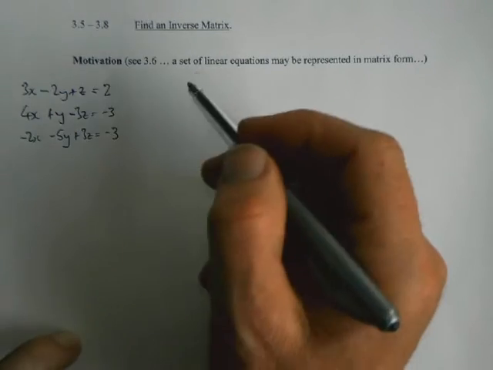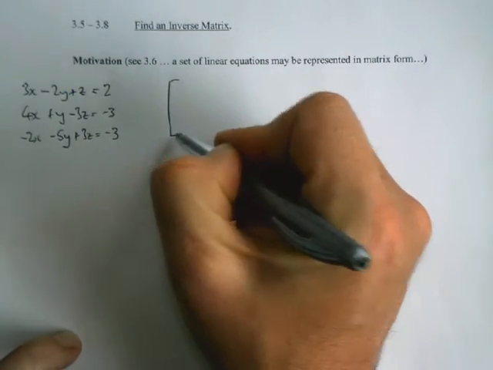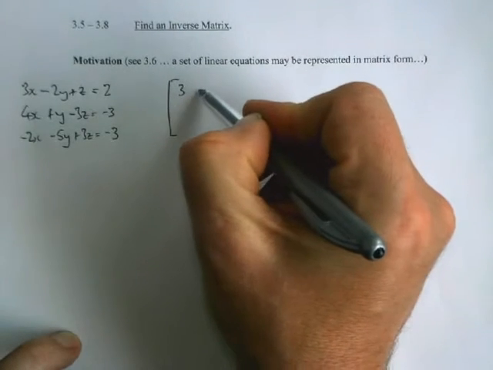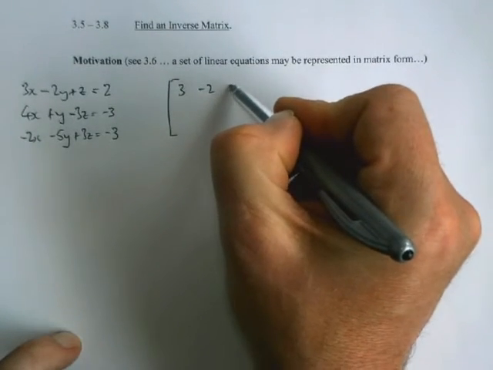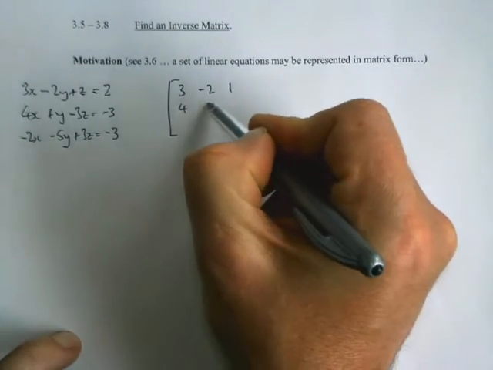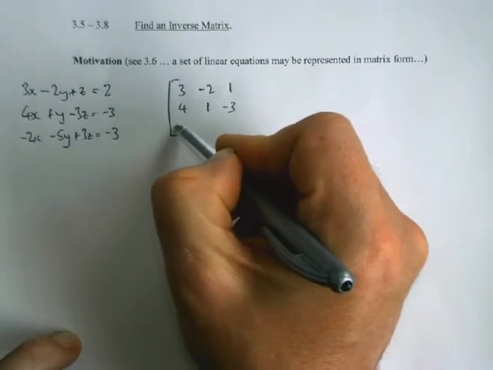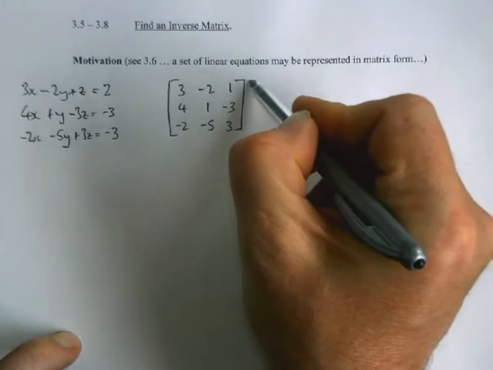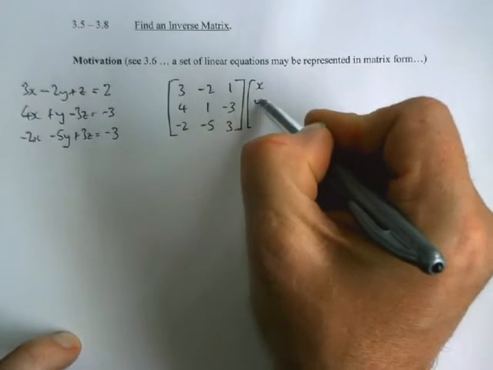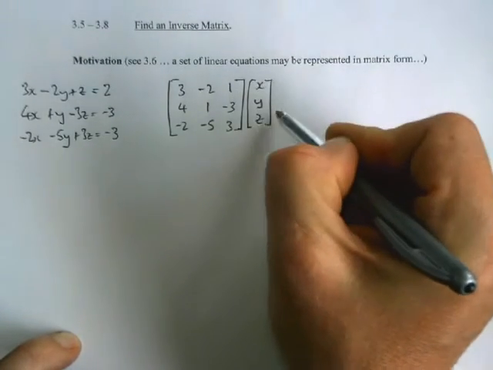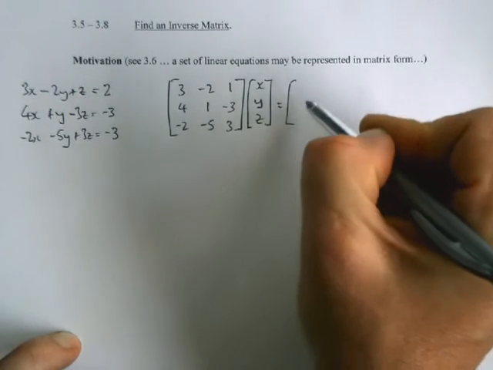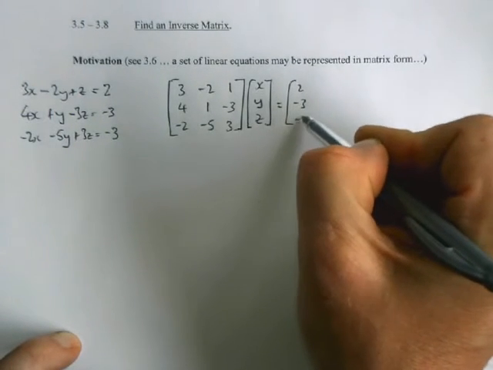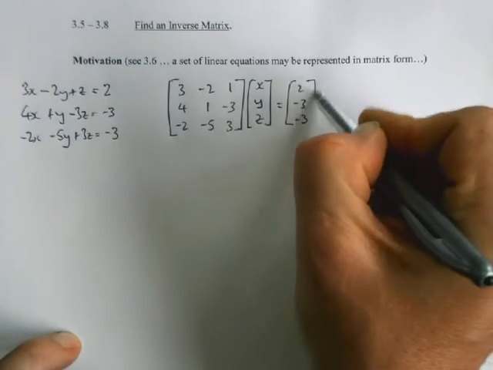So that's exactly the same as saying a matrix made up of the coefficients: 3, negative 2, 1, 4, 1, negative 3, negative 2, negative 5, 3, multiplied by the column vector x, y, z equals 2, negative 3, negative 3.